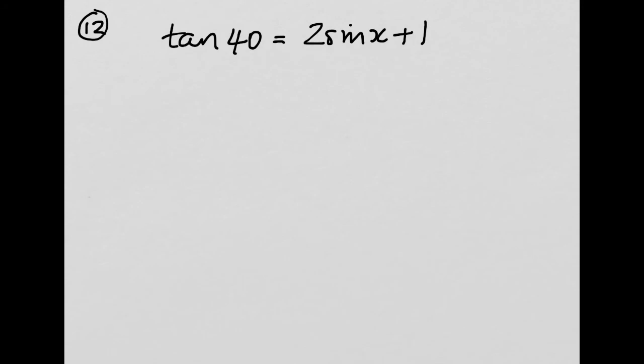Question 12, tan 40 equals 2 sin x add 1. Now you might look at that and think it's one of our all sin tan cos questions, and you'll be perfectly correct. However, this is a wee bit different to our normal questions because it's got tan and sin in it, and that might confuse some of you.